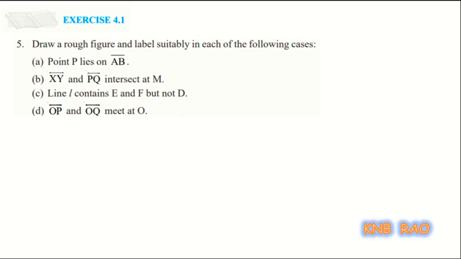Here in this question number 5, children, you are asked to draw a line. Let me say I have drawn a line AB. Sorry, it is a line segment, let me erase it.